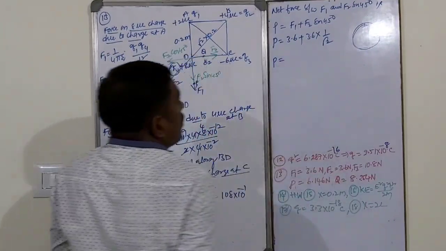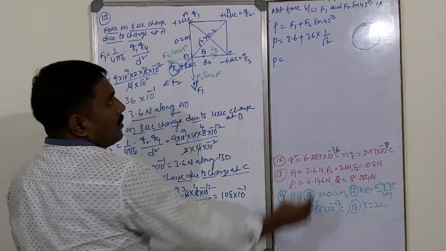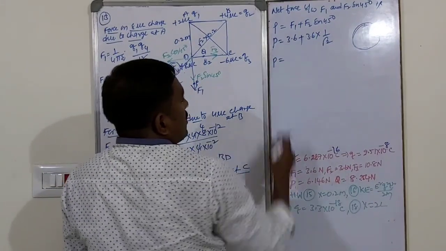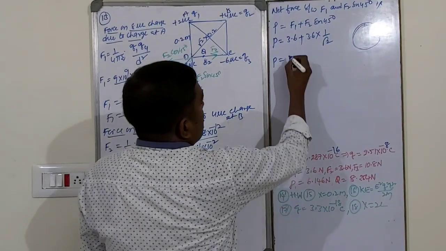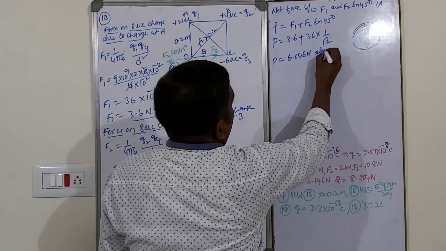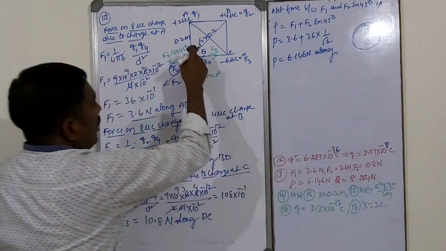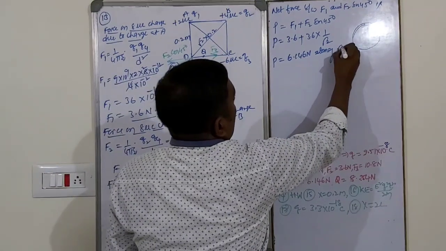So P is 3.6 plus 3.6 divided by 1.414. Simplifying, I think P comes to 6.146 Newtons, with direction along AD.